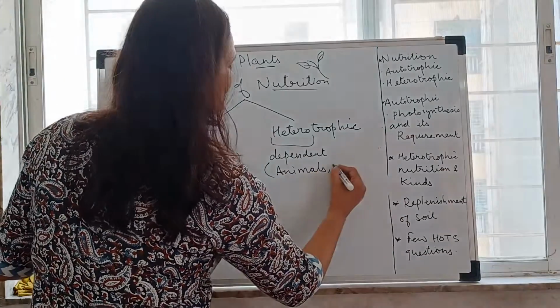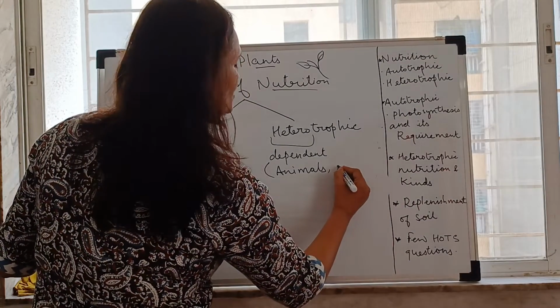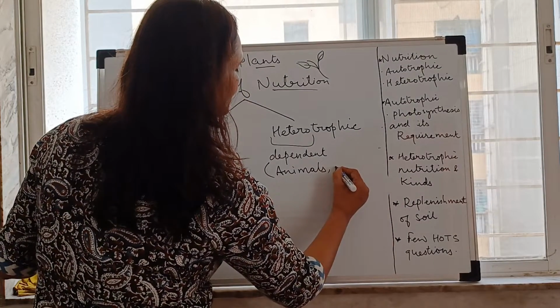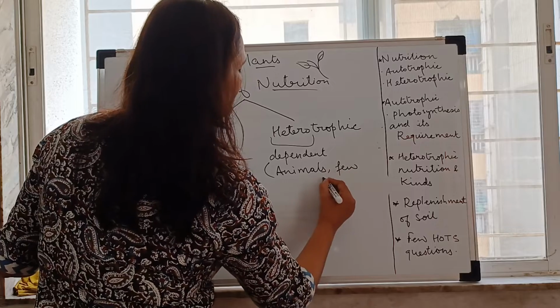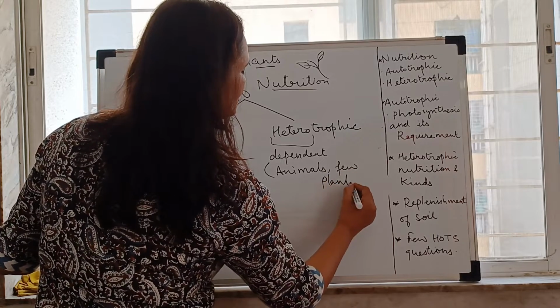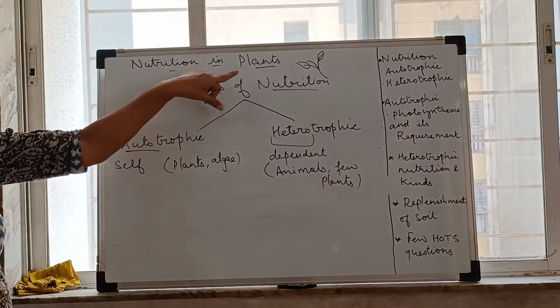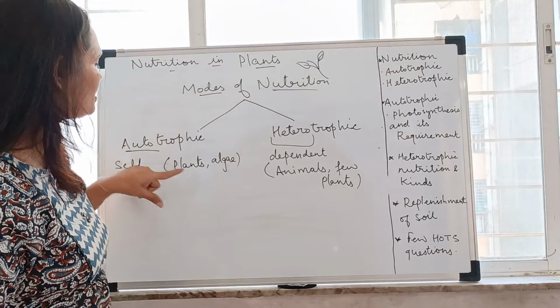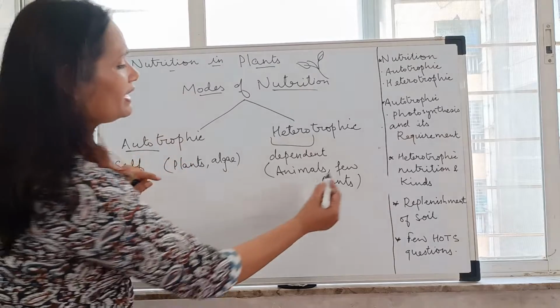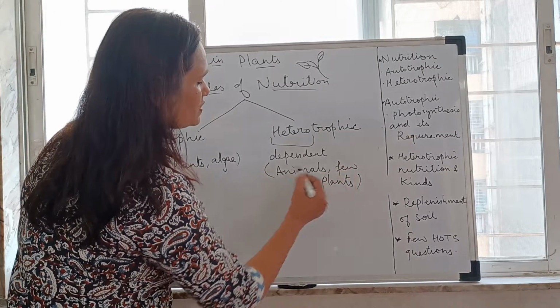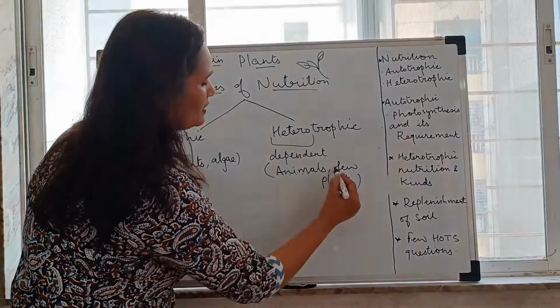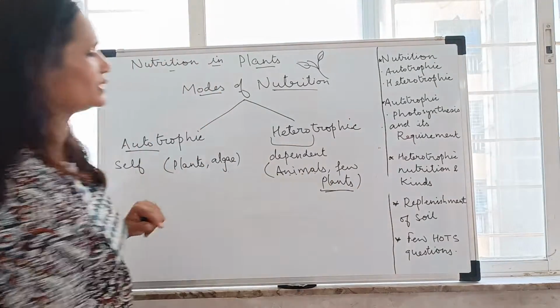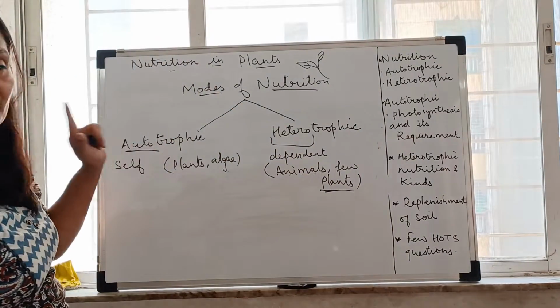Certain other plants are also dependent. As in this chapter we are talking about nutrition in plants, we will talk about plants here and even here as well. We will not talk about animals. We will talk about plants only, heterotrophic plants and autotrophic plants.